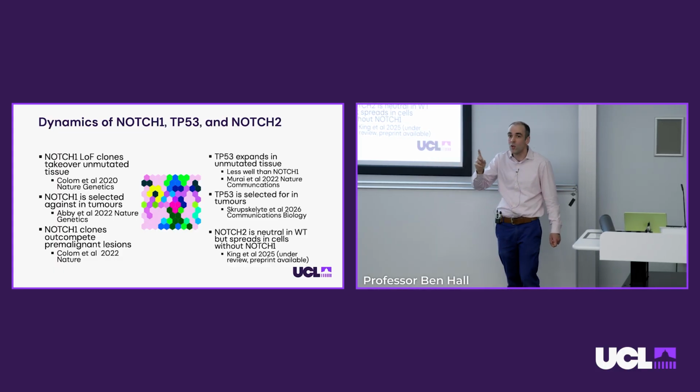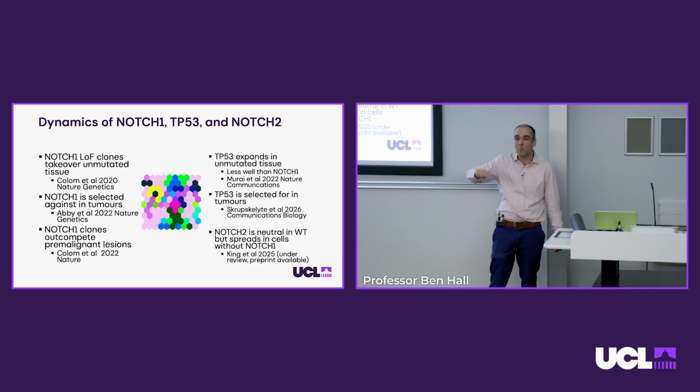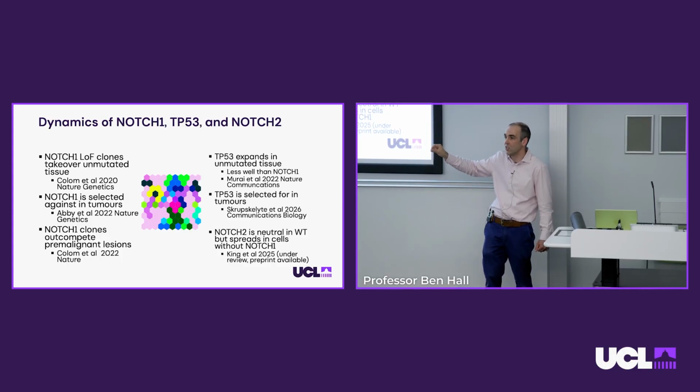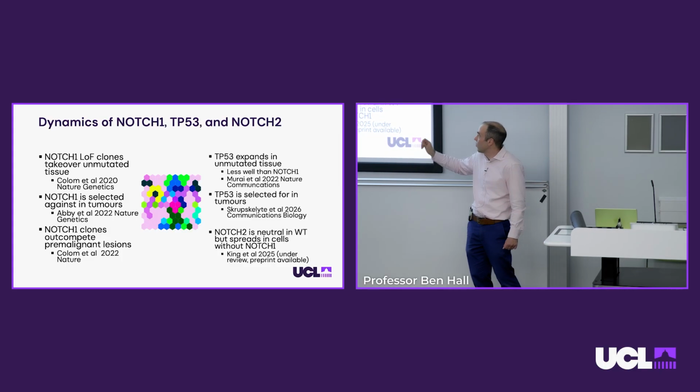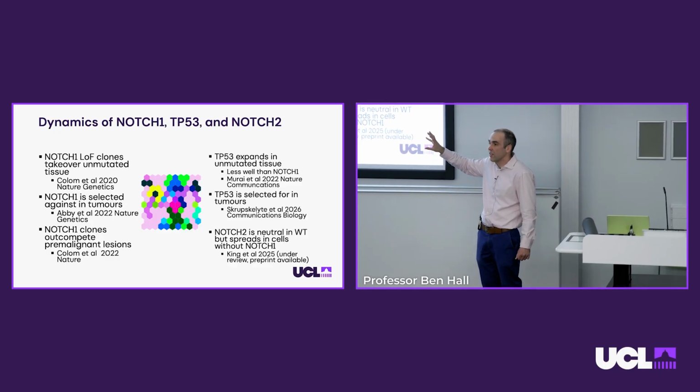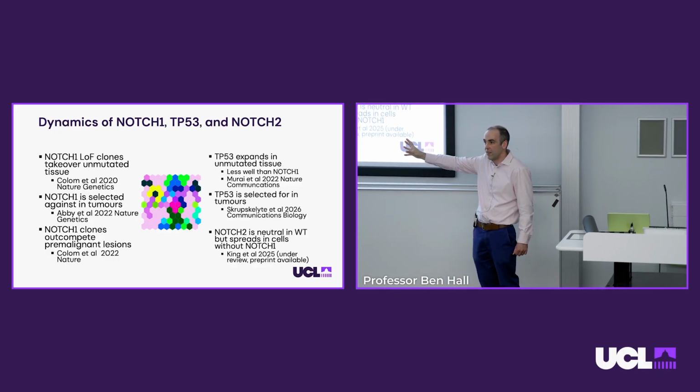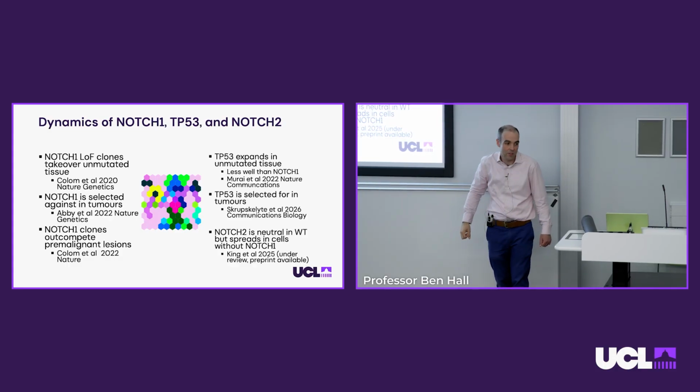Moreover, Notch1 clones in the healthy tissue can compete with P53 clones and outcompete them, and actually can eject pre-malignant lesions in the tissue. So Notch1 has, if anything, a tumour protective effect, whereas loss of P53 is promoting tumours.